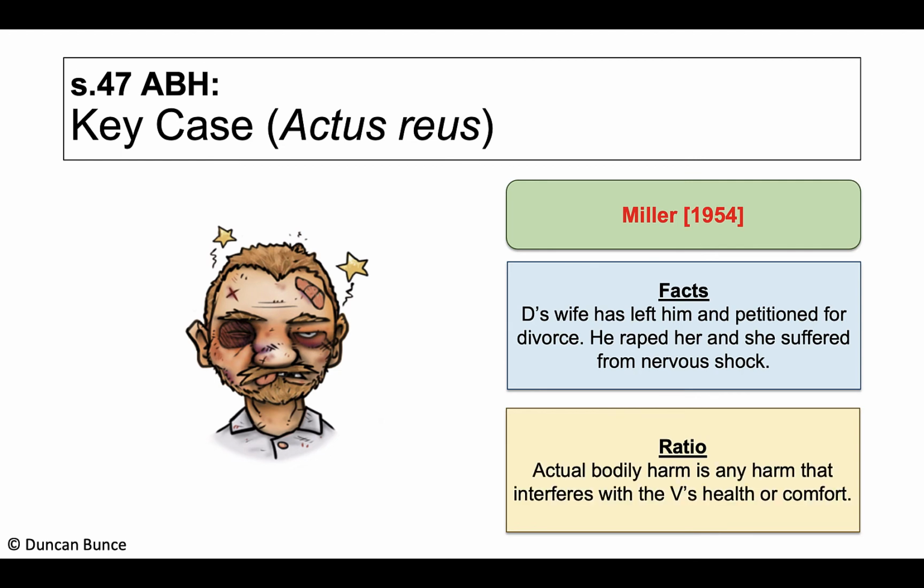I've paraphrased it a little bit here, simplified it. Actual bodily harm is any harm that interferes with the victim's health or comfort. So there's a whole broad range of things, potentially, that could be included. But if we go to that picture we saw earlier, a bruise would obviously interfere with your health or comfort, therefore it's ABH.